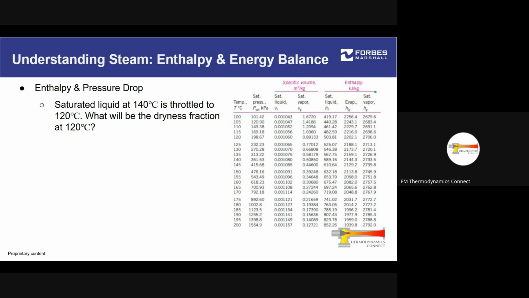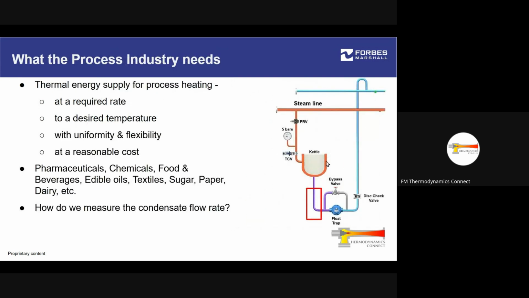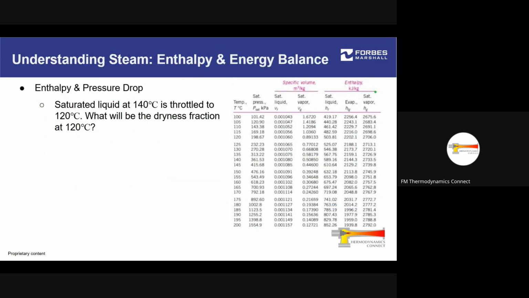So if you have a change in pressure, you will also have a corresponding change in temperature for phase change. As you increase the pressure of phase change, you also increase the corresponding temperature. Now that phase change can be boiling in the boiler or it can be condensation, as we just saw in the process heat exchanger. So it can be either of these two things.